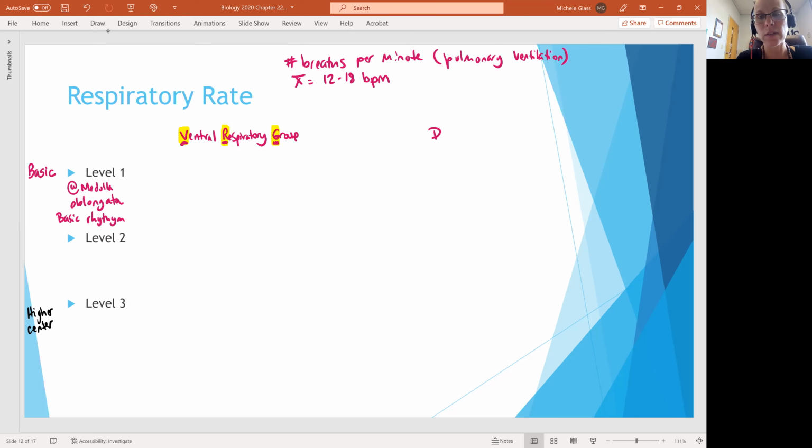And then we have the back group, the dorsal respiratory group, and we're going to abbreviate that one as DRG. The names here are telling us where they're located in the medulla oblongata. So that's where those names come from.